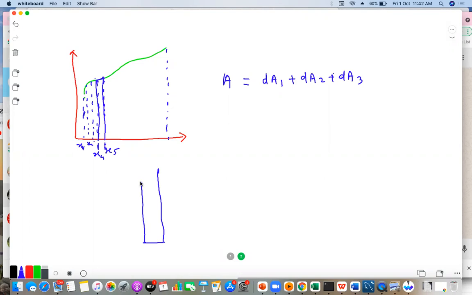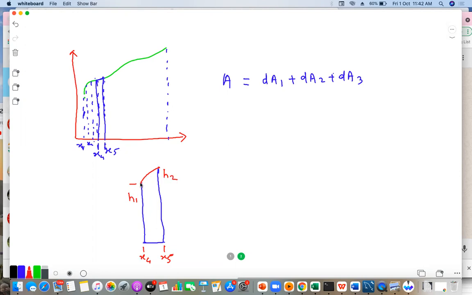Now let us say this is the exact function. Now I have this as x4 and x5. This width is the same everywhere, but now the height is varying. Let us say this is h1 at this point, and at this point the height is h2.